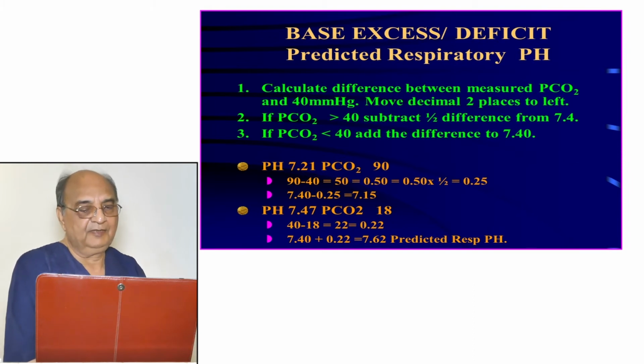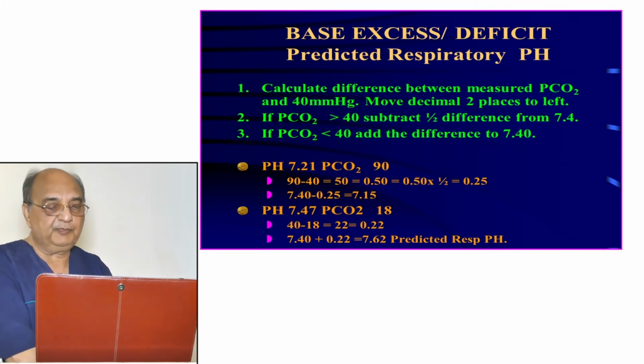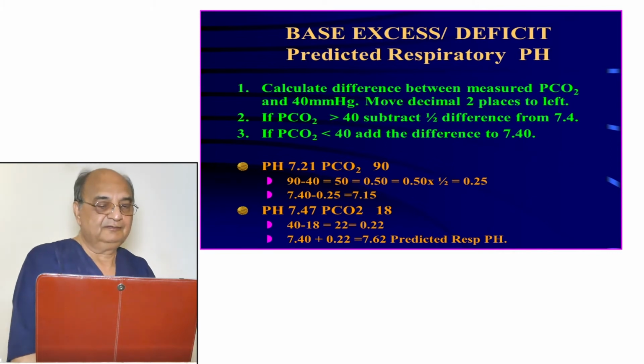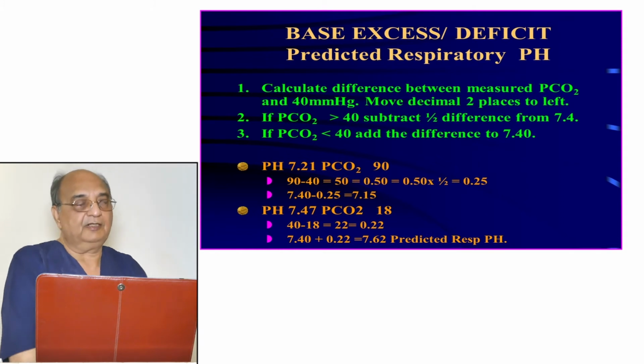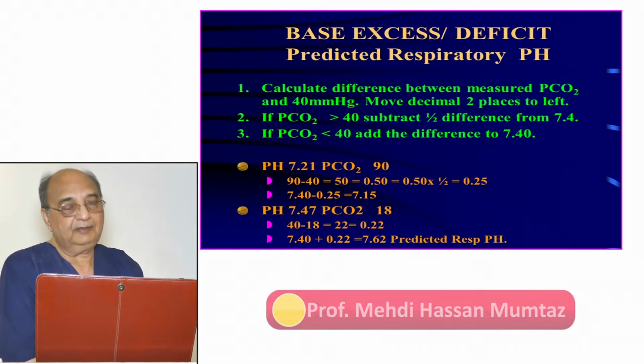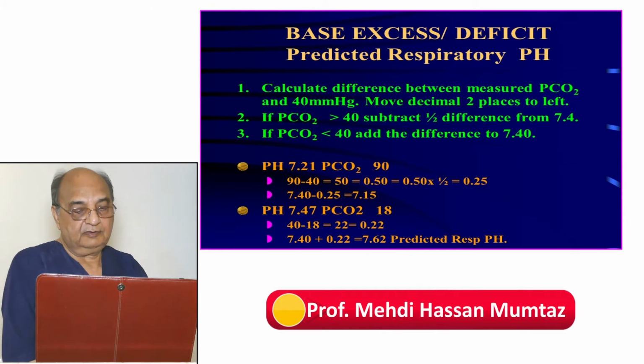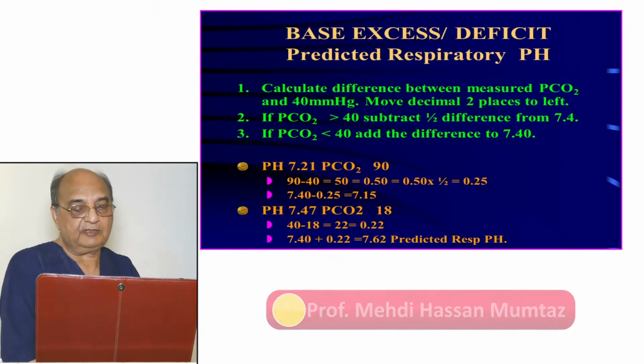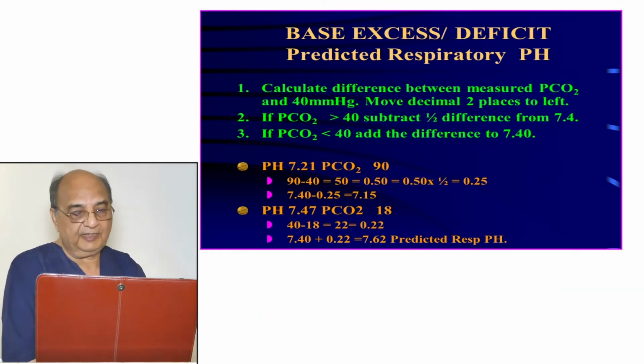It's very easy. Another example: the pH is 7.47, PCO2 is 18. Now here you take the difference of normal PCO2 and estimated PCO2. 40 minus 18 is 22. Move 2 decimals towards the left, it will be 0.22.